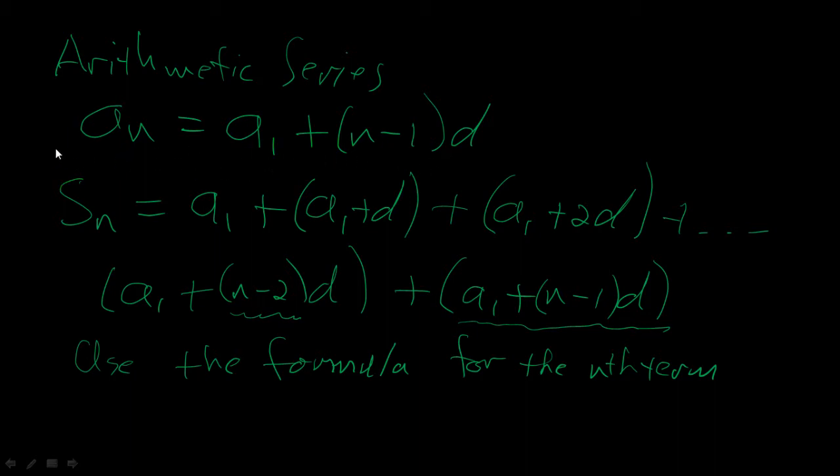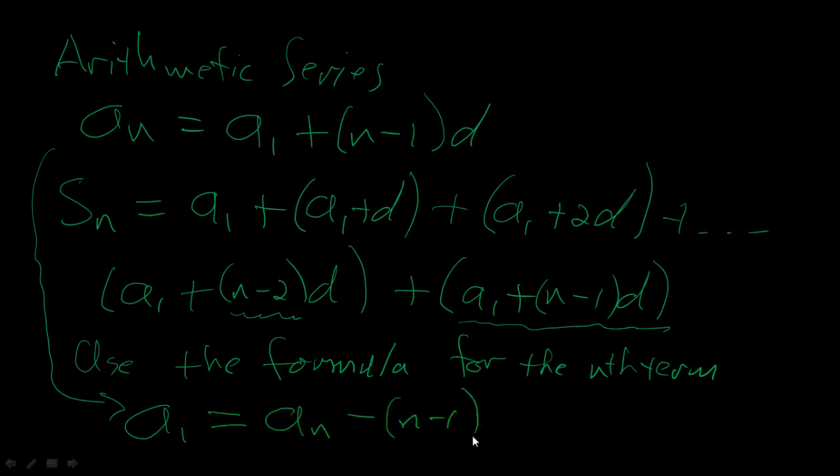We can then manipulate this formula and make a1 the subject. We can say then a1 is equal to an minus n minus 1 times d. We've just manipulated this basic formula for an arithmetic sequence, or an arithmetic progression, to determine a value for a1.